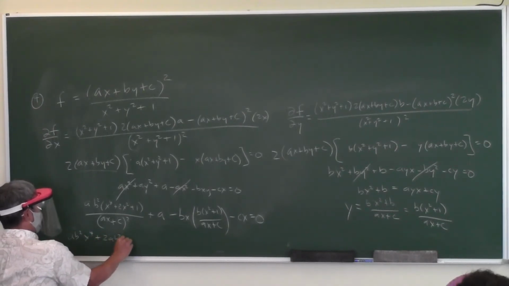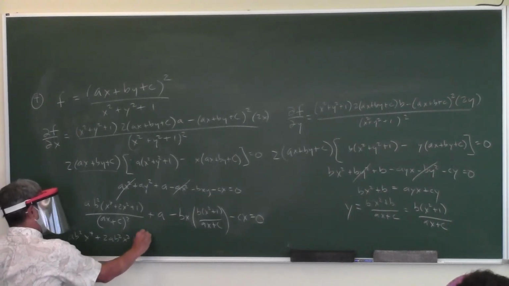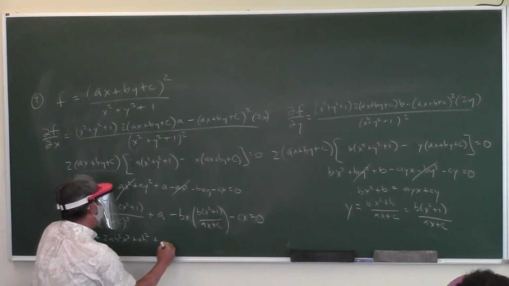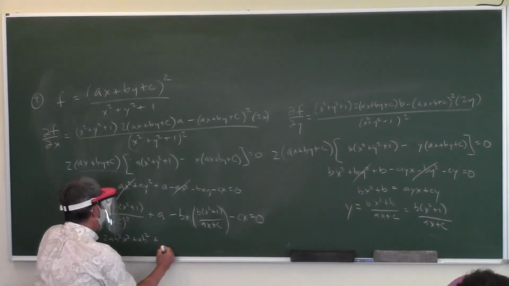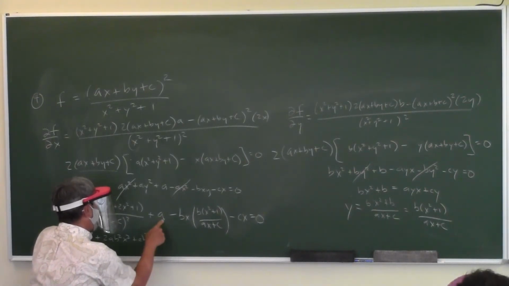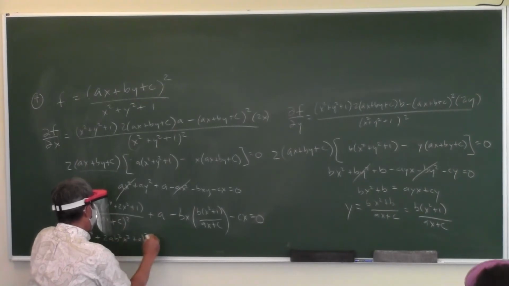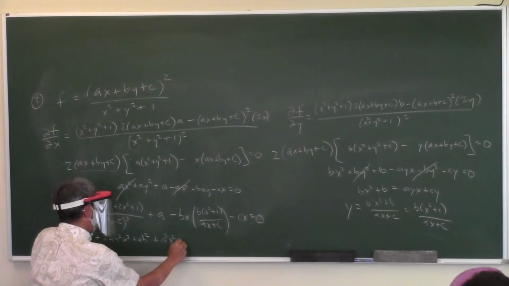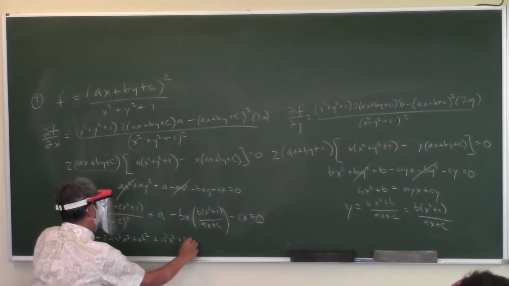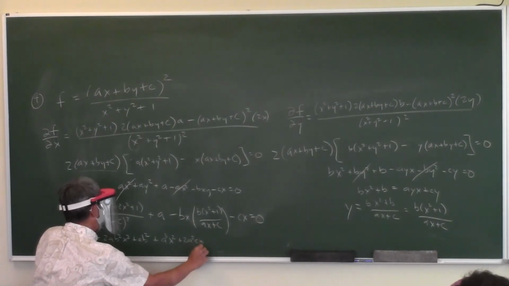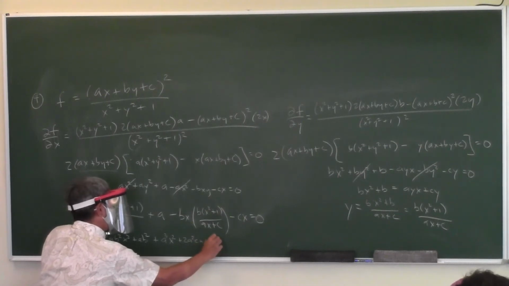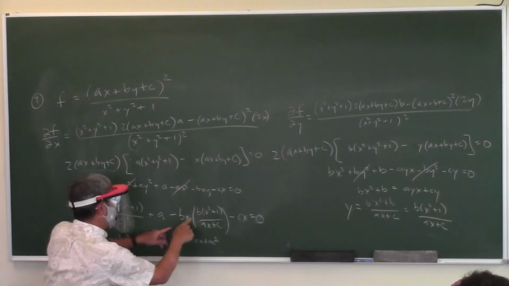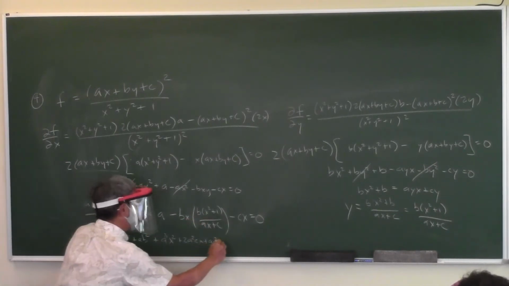2ab squared x squared plus ab squared plus, oh my gosh, plus, because we're gonna multiply that by this, right? So it's gonna be a cubed x squared plus 2a squared cx plus ac squared. And then if you multiply it, then it's going to be this. I don't know if I can do that in my head.